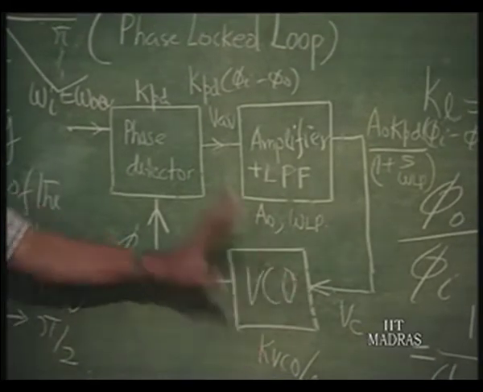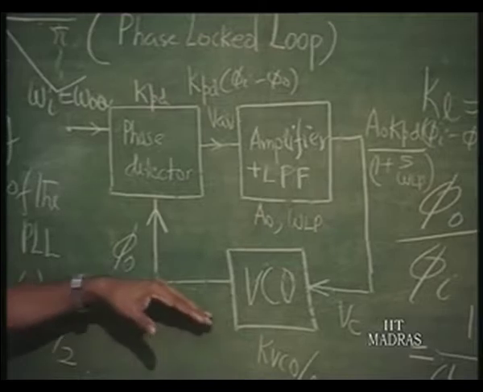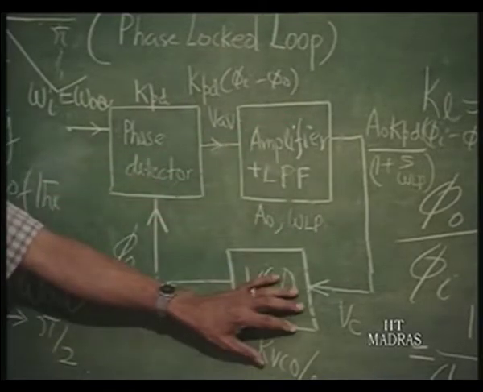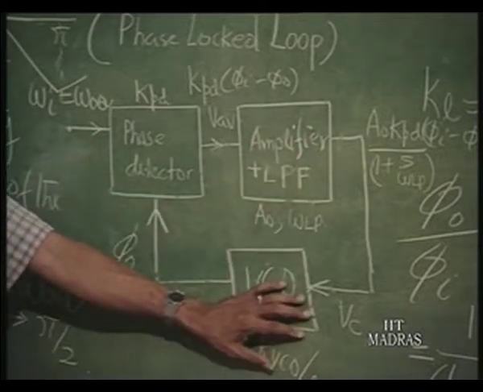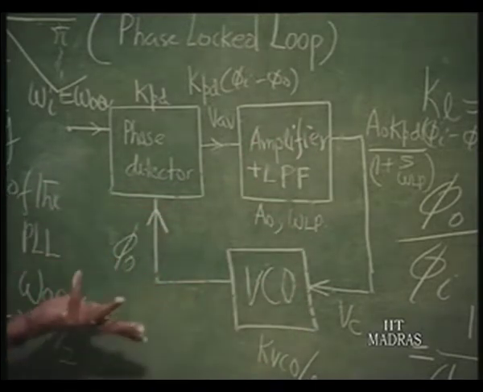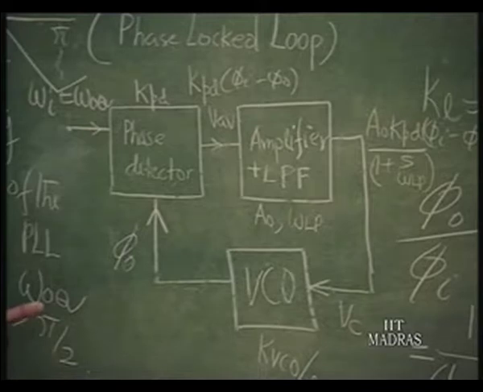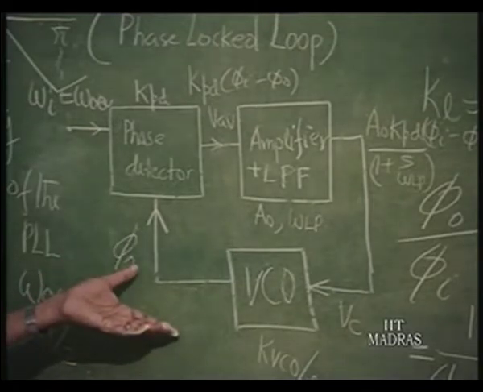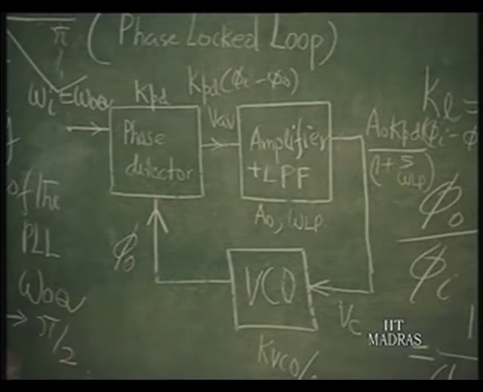This is the maximum possible lock range, if these two do not go to their limits, otherwise these will fix up the lock range. Let us say the VCO is capable of going to a maximum of this frequency and a minimum of this frequency, then that will limit the lock range if it is lower than this. So, this information about lock range is very important.